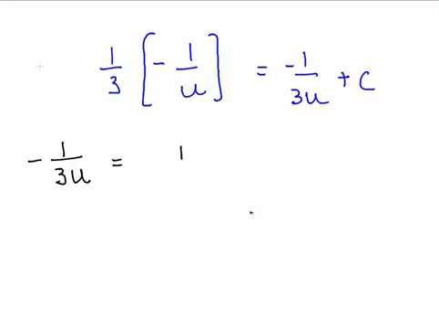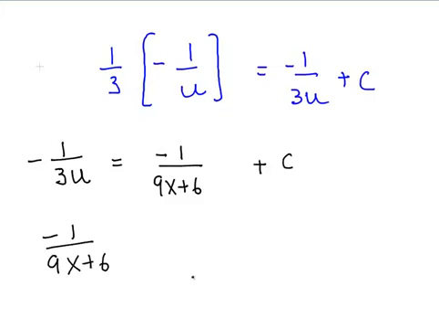So that is equal to minus 1 over 3 into 3x plus 2, plus c. Now let's evaluate it for our definite integral. We can work that out. It's 9x plus 6. Just let's simplify that.